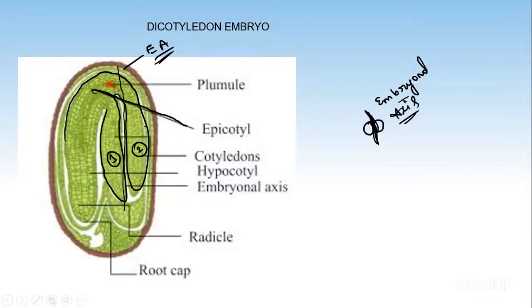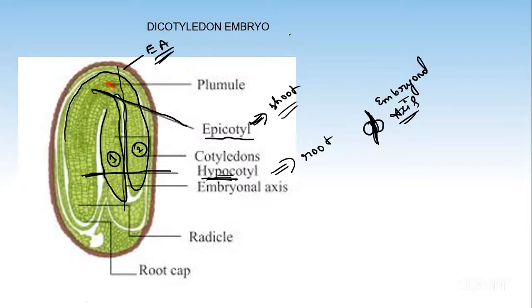The part which is above the cotyledon we call the epicotyl, and the part below the cotyledon is called the hypocotyl. The epicotyl is going to give the shoot, whereas the hypocotyl part is going to give the root. That is the part below the cotyledon.